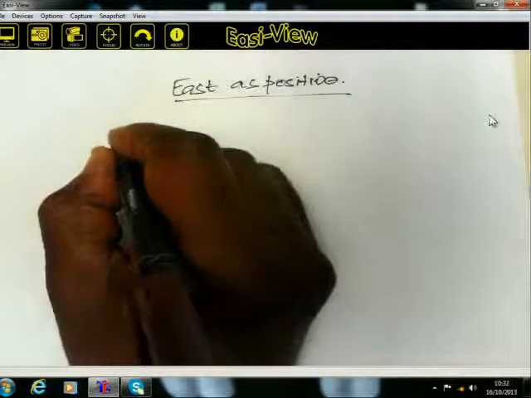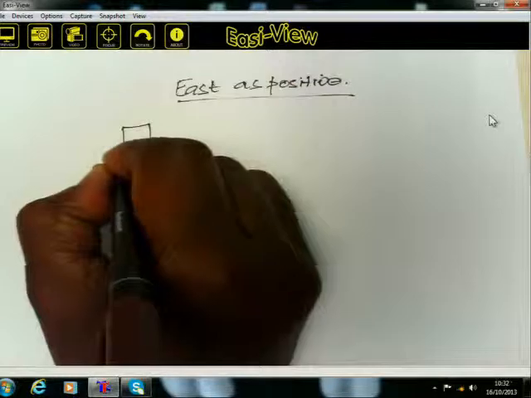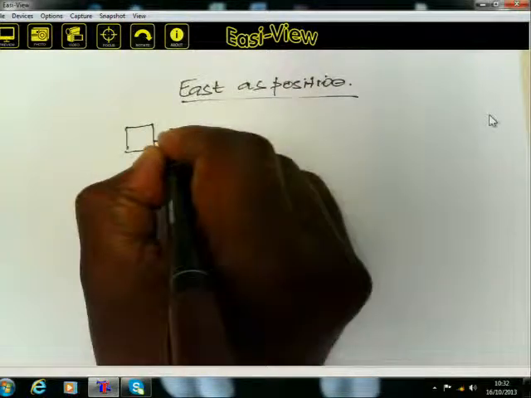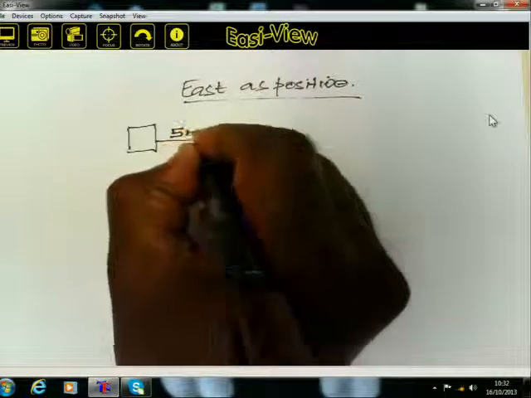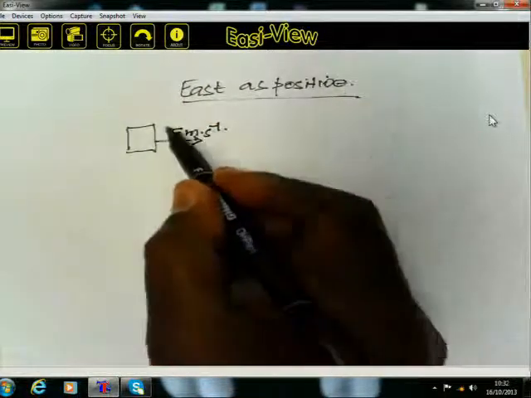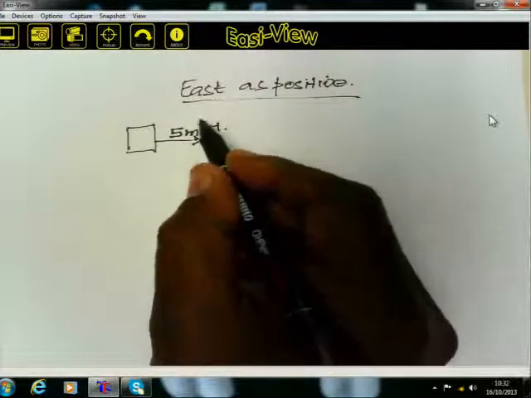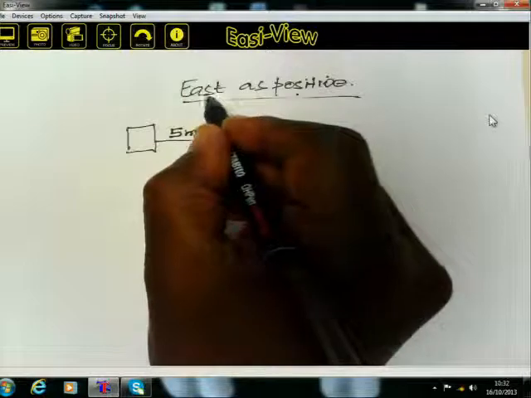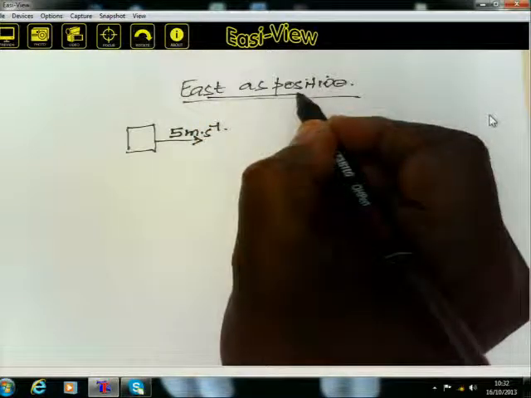Like for example, if a car is moving in that direction with a velocity of 5 meters per second, you will compare the direction of the velocity of the object with the direction that you have chosen.